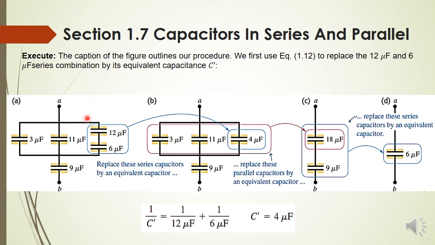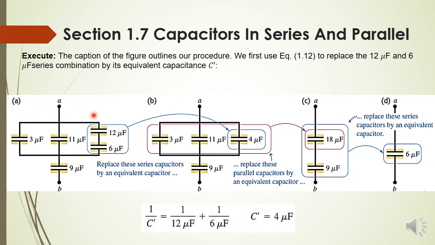We can get the equivalent capacitance from this side, and since this is connected in series, we can use equation 1.12 to replace it by 4 microfarad equivalent. And how did you compute that? You just simply compute it by 1 over C prime equals 1 over 12 microfarad plus 1 over 6 microfarad, an equivalent of 4 microfarad.